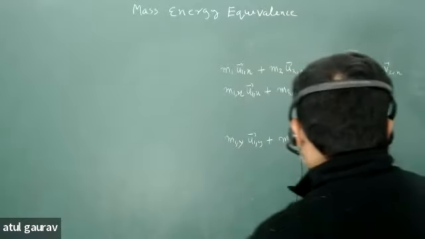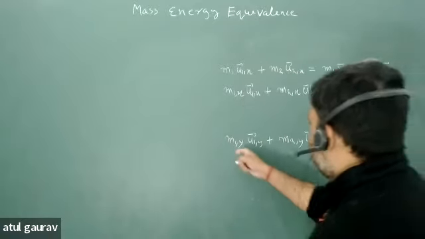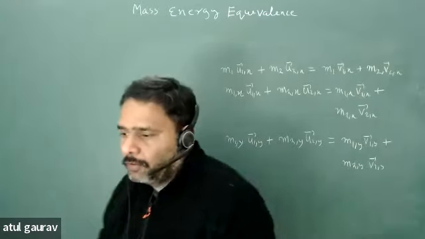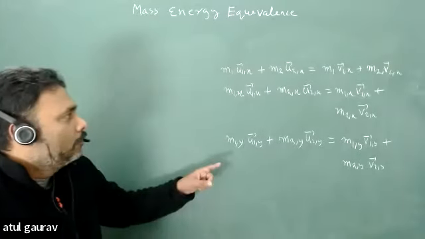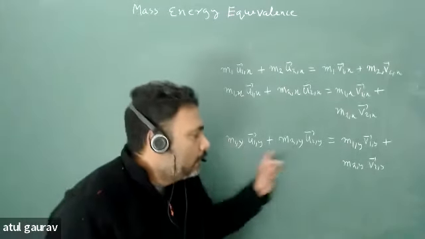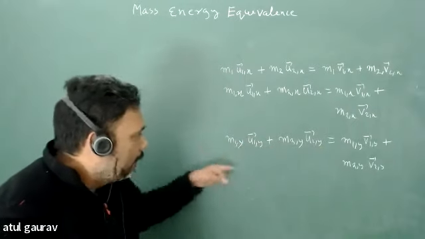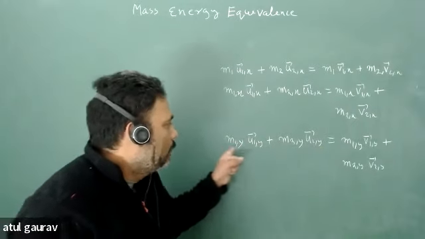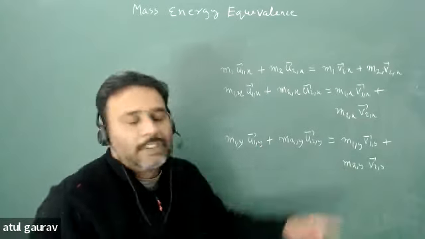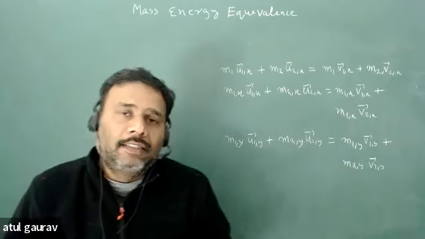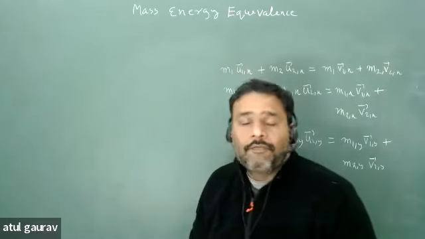Then you can easily calculate the relativistic mass with respect to another frame. When we have corrected this whole thing with this particular concept, we find there is conservation of momentum.